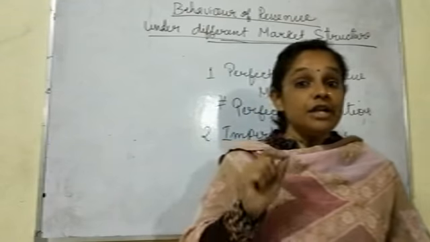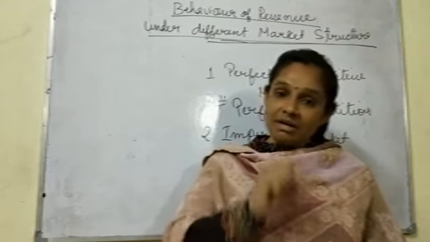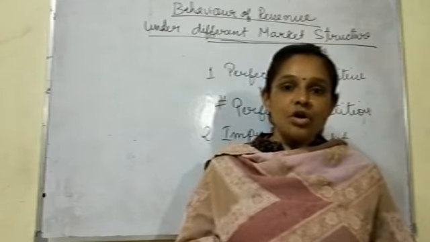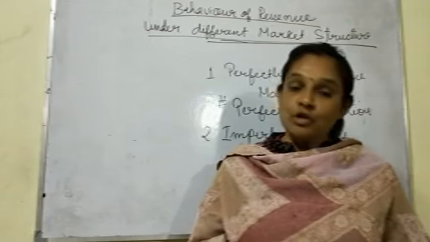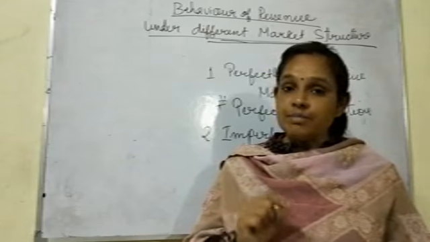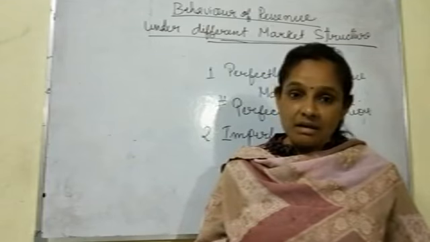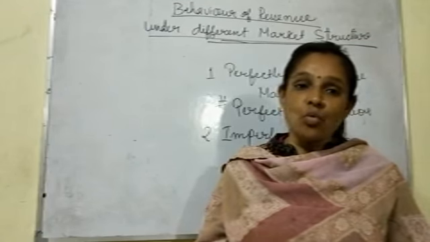Like I said, the nature of the commodity under perfect competition is homogeneous. Similarly, a firm is not a price maker. A firm is a price taker. So who is a firm under perfect competition about the price? A firm under perfect competition is a price taker because firms don't decide the price of their own product.